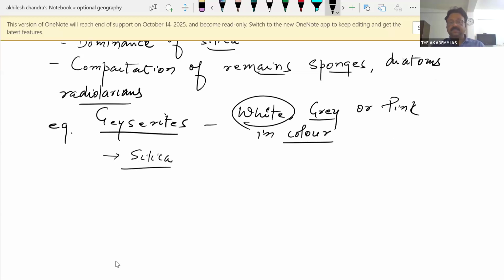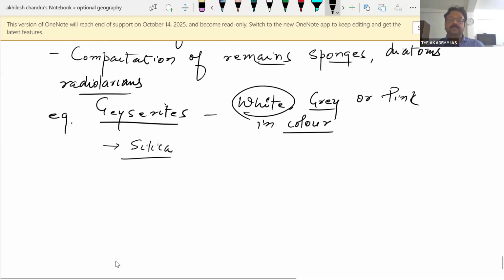So this is a classification which is based on the type of sediment; sorry, the process involved in cementation. Now let's begin the study of different rocks based on the agent of erosion.